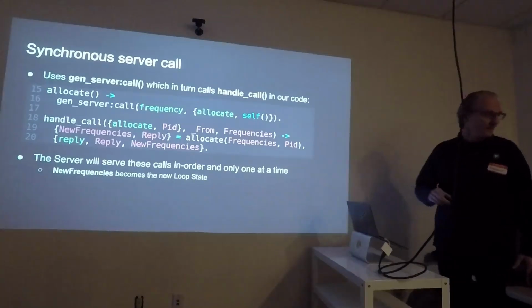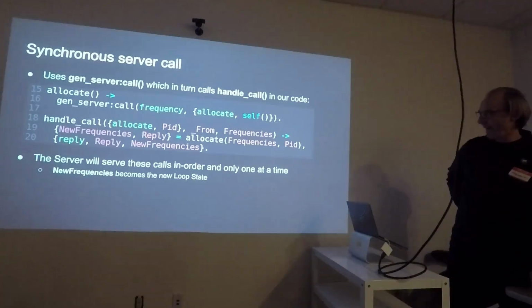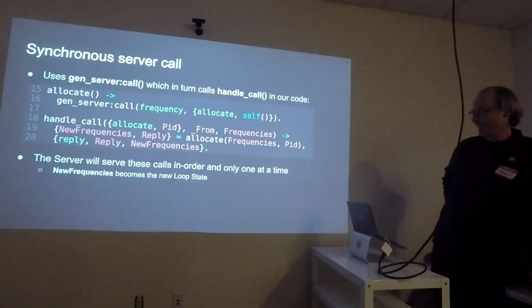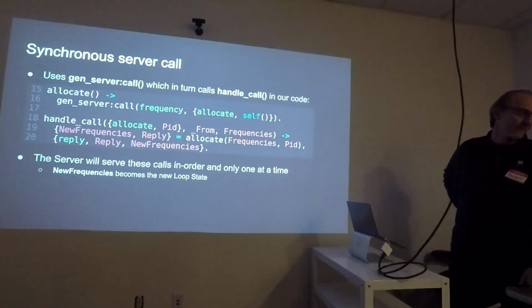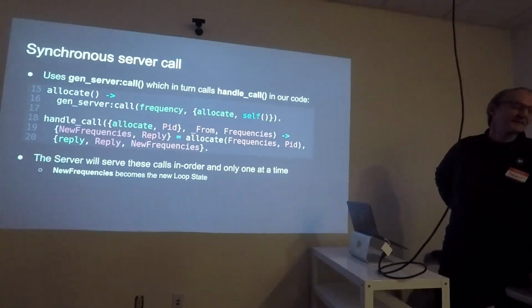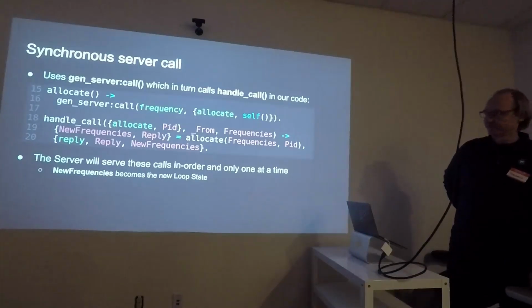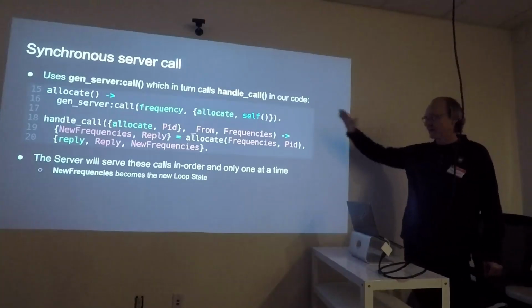There's one important point: when the code inside the allocate function is running, that's running in the process that's calling it. Yes. When you get inside the handle call, that's the process of the gen server, a different process. Yes, exactly.